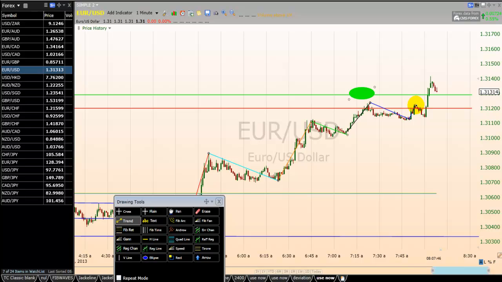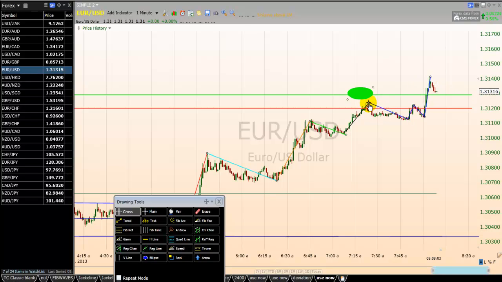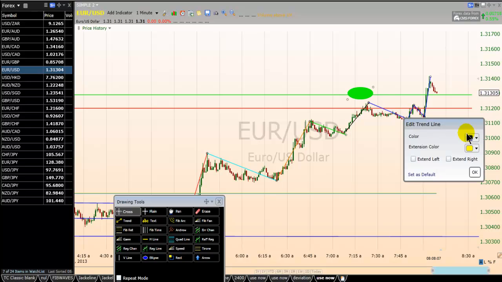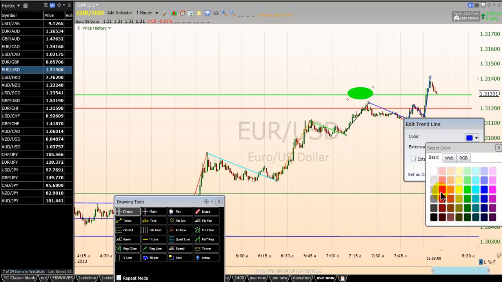The B corrective wave very often is a 3 wave, divided into ABC. So from here all the way up here, that's the B corrective wave. From here to this level here, that's the A corrective wave. The A corrective wave is usually divided into 5 waves.